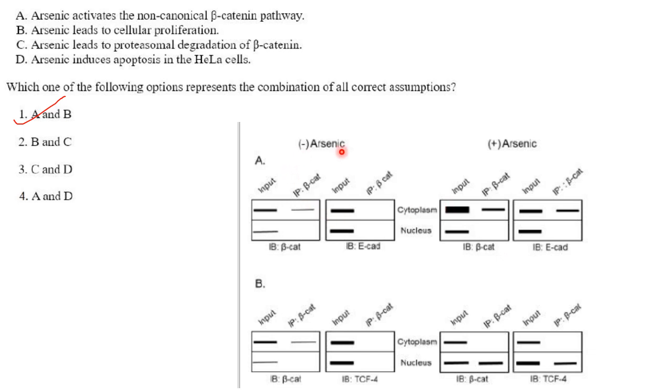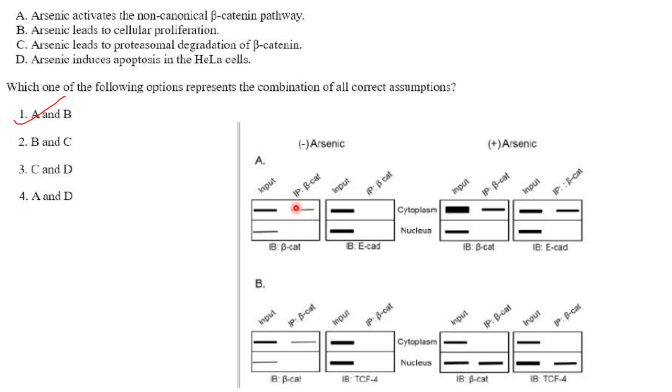Now in arsenic negative condition, only very little beta-catenin is present in the cytoplasm. You can see over here, this is cytoplasm, this is the blot. Only very little beta-catenin is present. In B also, only very little beta-catenin is present in the cytoplasm. Now whatever is present in the cytoplasm must be what was already present in the cytoplasm of HeLa cells.